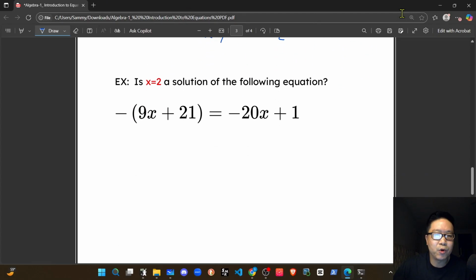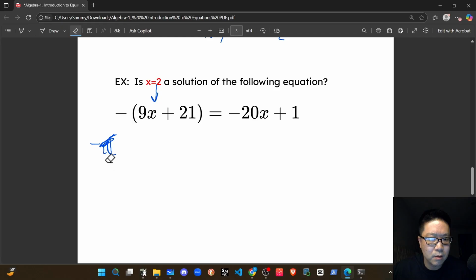Let's try another example. This one, it's asking us if x equals 2 is a solution of the following equation. So we can figure this out easily by just plugging it in or substituting. So let's do that. I'm going to replace this parentheses with a bracket. Let's just erase it.